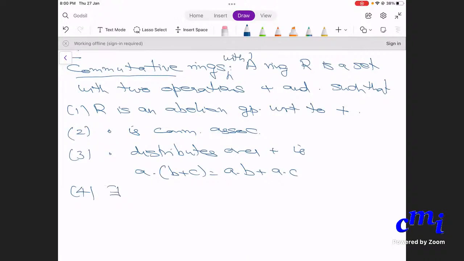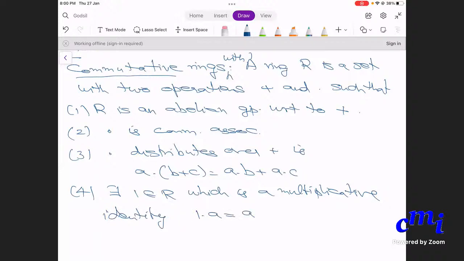So there exists a 1 in R, which is a multiplicative identity. So 1 dot A is A for all A.